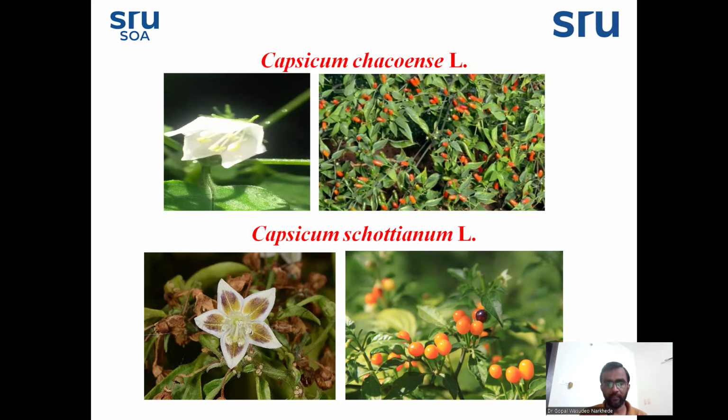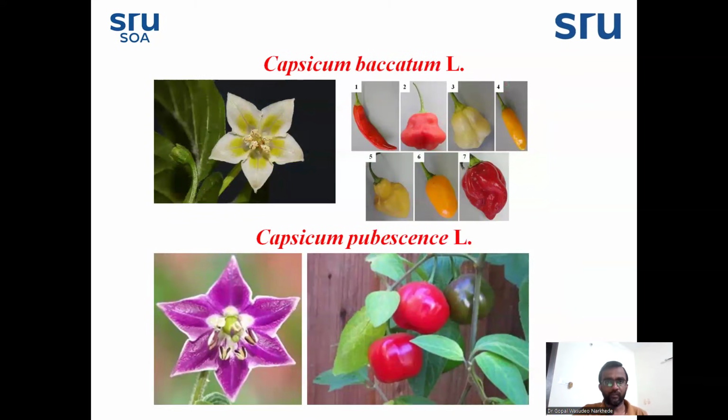The fruit is quite shiny, and a small size fruit is there. Next, Capsicum baccatum. Again, in Capsicum baccatum, 7 different fruit types are there with different colors.